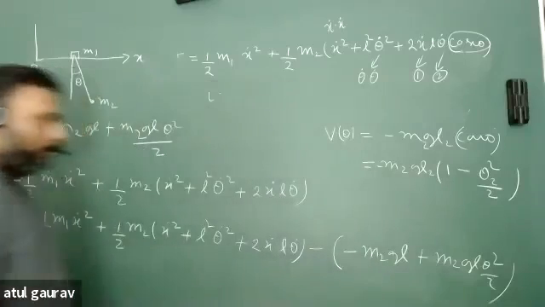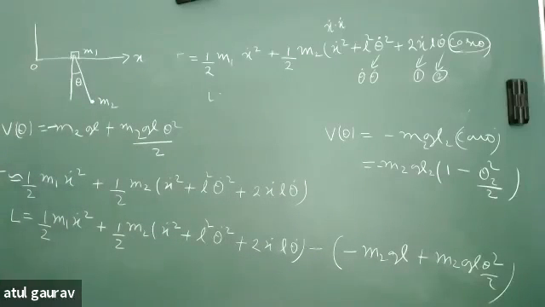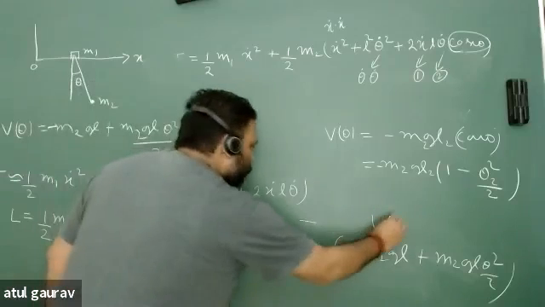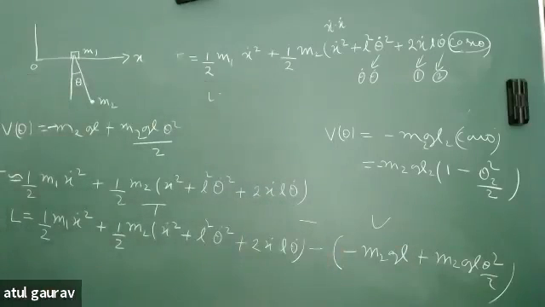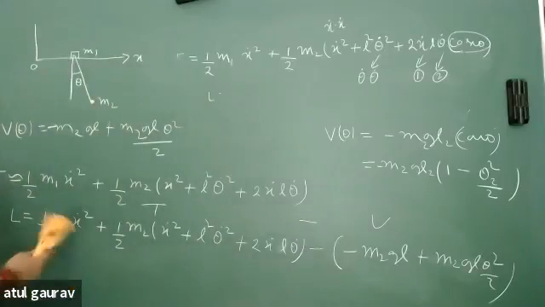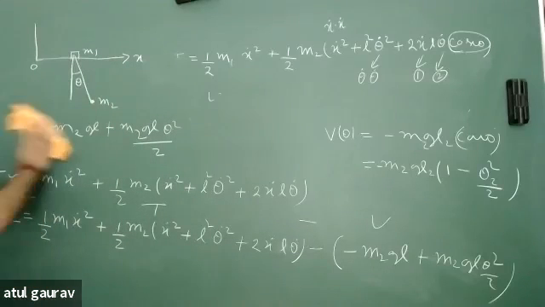Now are you okay? Someone just asked me about T minus V. So this is T minus V. I just made a mistake, I forgot the minus sign actually. So this will be my potential energy.